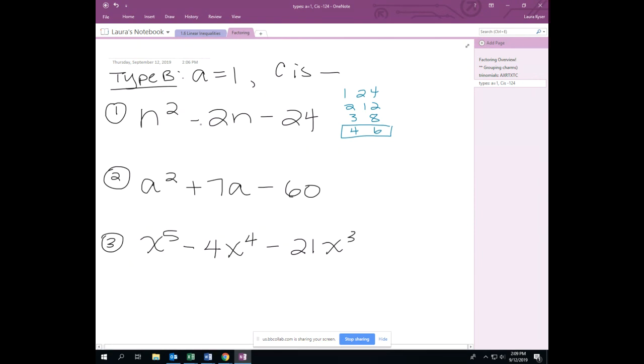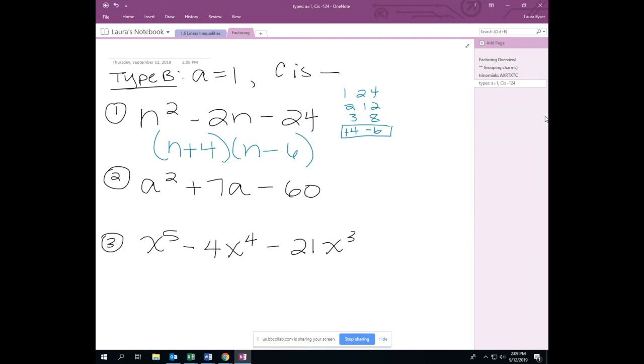The larger of the two factors will keep the sign of the middle, which in this case is negative. So my larger factor takes a minus, smaller factor takes a plus, and the notation is the same as it was, n plus 4, n minus 6. Order doesn't matter, appropriate signs matter.